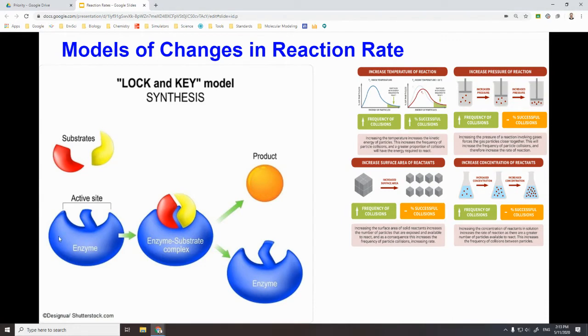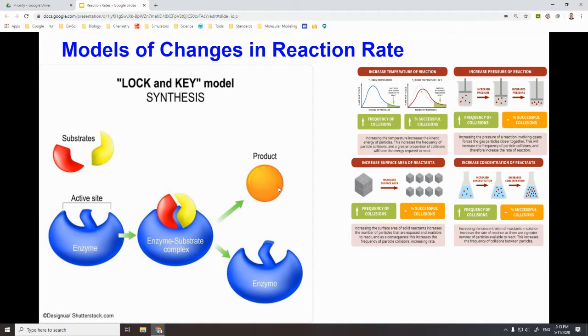But I like the use of the enzyme here because it shows us, especially in this diagram, some important features. For one, we can see the substrates, which is how we say reactants when we're doing biology. So we have these two reactants, the red and the yellow. And if you notice the shape of them, you can see they're designed to fit together.